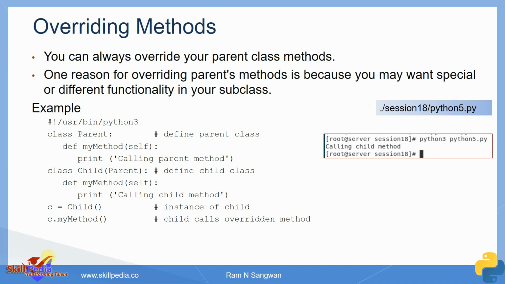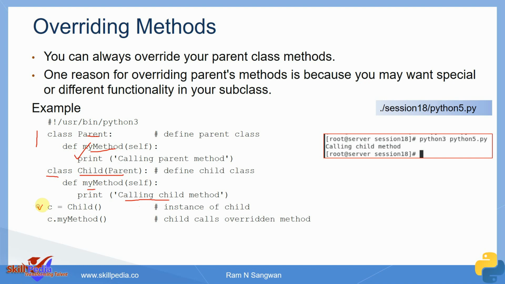Overriding methods. I told you that we can override operators, we can override methods also, meaning giving a different meaning to the method. And let's try to understand that different meaning. We are defining a method in the parent class, my method. We are defining my method in the child class as well. So this method will override this method.